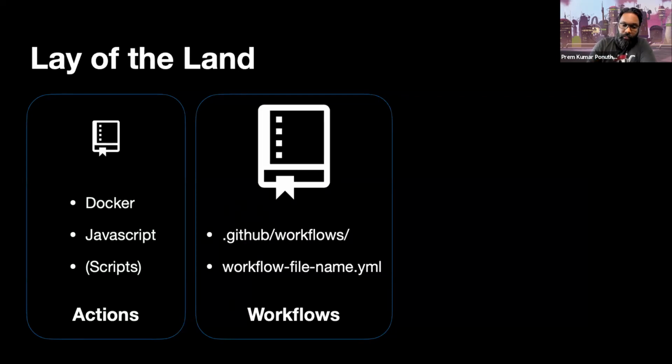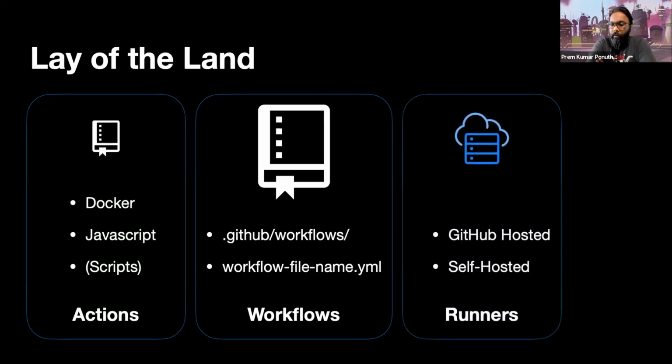So that's represented here as workflow-file-name.yaml. And once you've configured this information, the moment you trigger the workflow, it is actually going to run in a virtual environment. Now, this virtual environment could be either a GitHub hosted virtual environment or a self-hosted virtual environment. In short, we will call these virtual environments runners, all right?